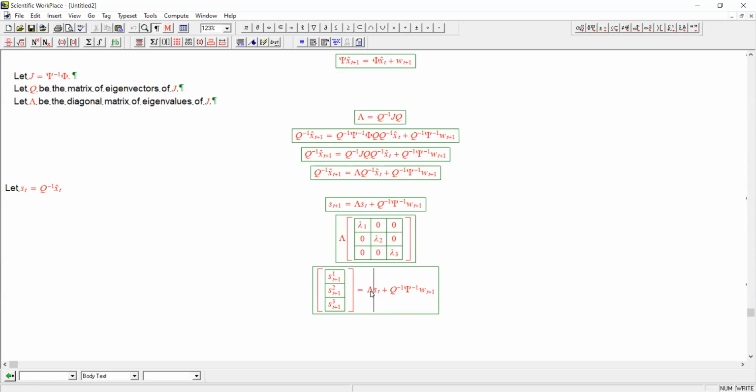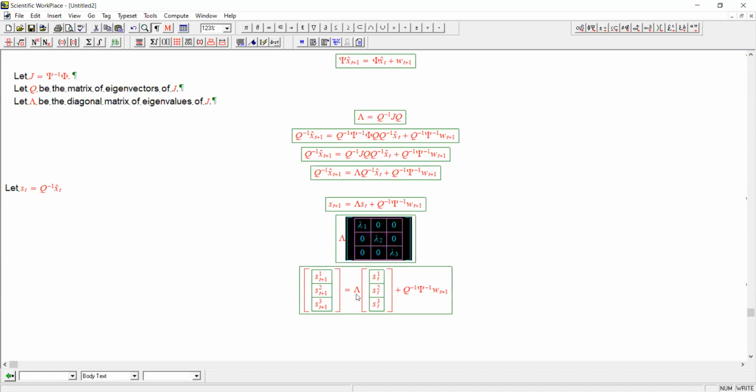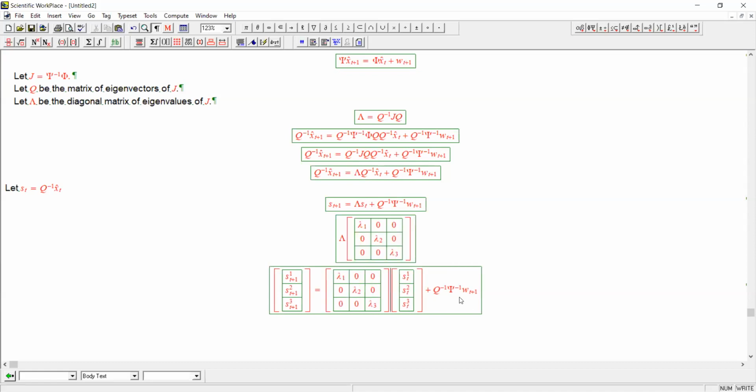This is s t, and lambda is the following. And again, this is just some random variable. We could give it a new name. We could call this whole thing, let's say, omega.